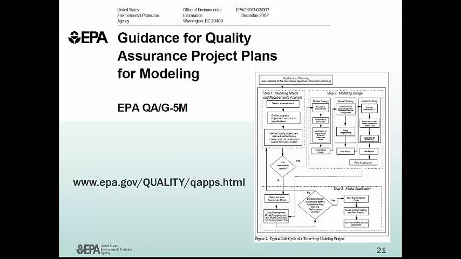Document G-5M, creatively named Guidance for Quality Assurance Project Plans for Modeling, identifies the procedures and elements required for any EPA-funded project and includes example QAPPs for simple, intermediate, and even complex modeling projects. And you can find this document and others at the EPA website listed here.